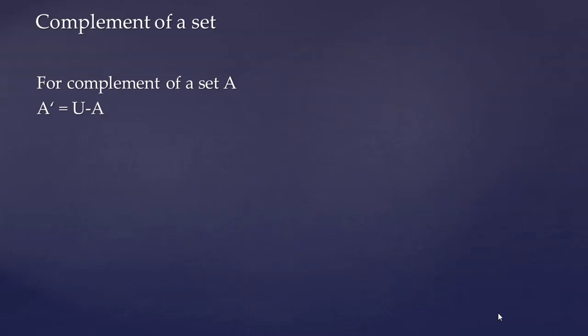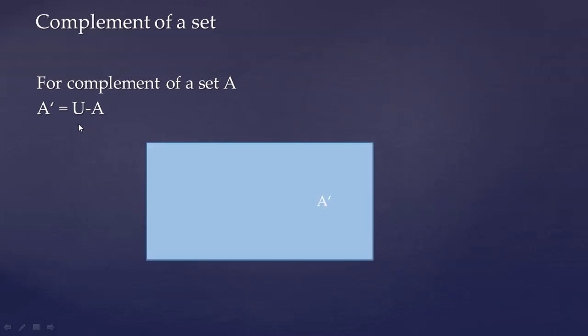Complement of a set. For a complement of a set A, we have A complement is equal to U minus A. Here U is used for the universal set and A is a subset of set U. We have shown it by a Venn diagram.